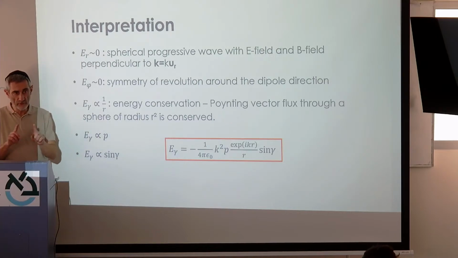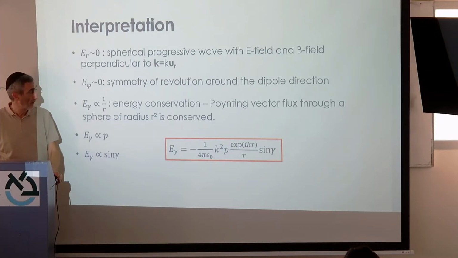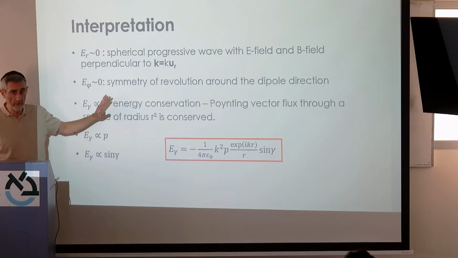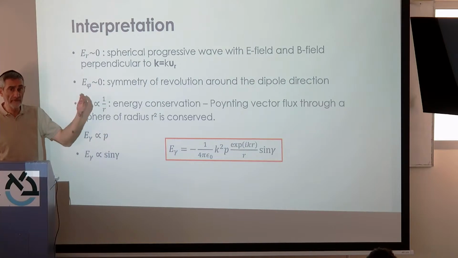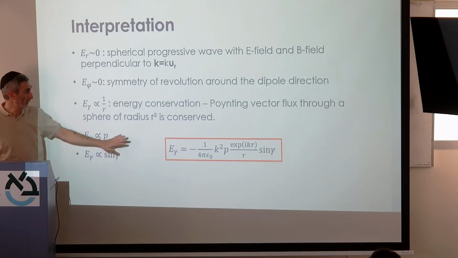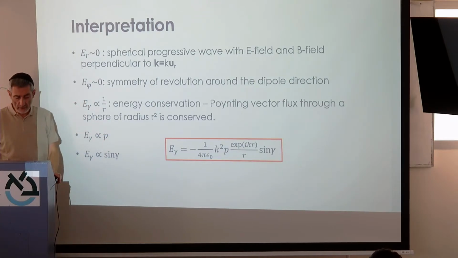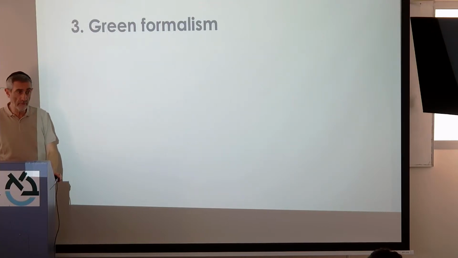Now we have a dipole which is excited by the incident field and re-emits, and we are able to calculate the quite complicated expression for the field, which simplifies in the far field, given by this expression. Next we will go to the Green formalism, and we'll see how to use it to describe this question.